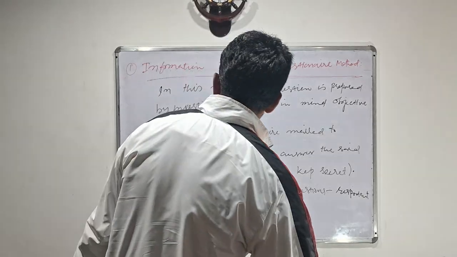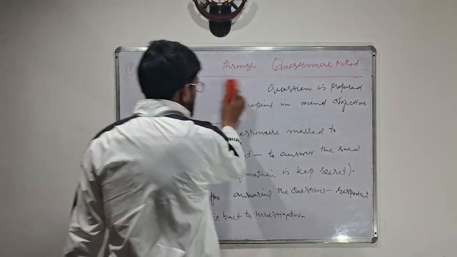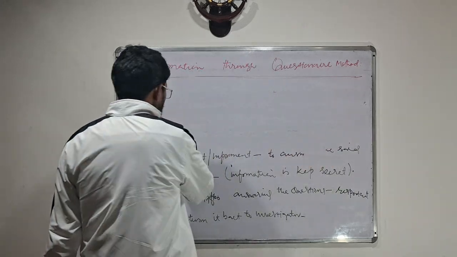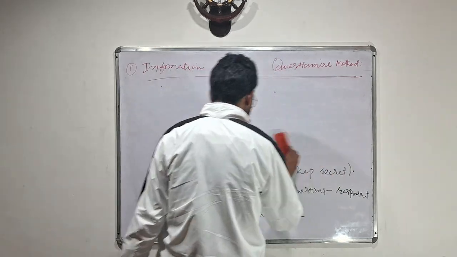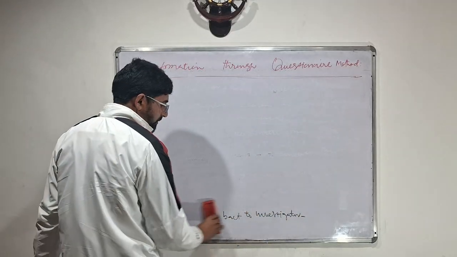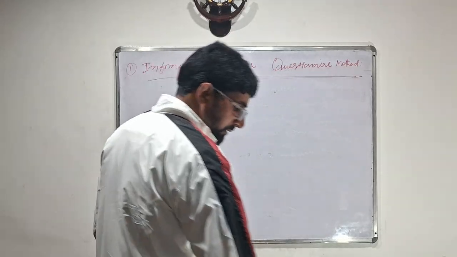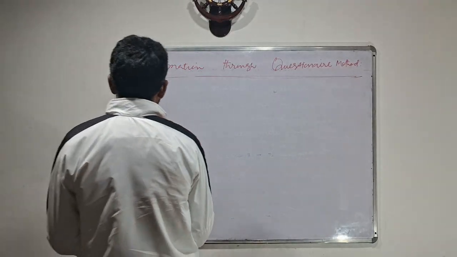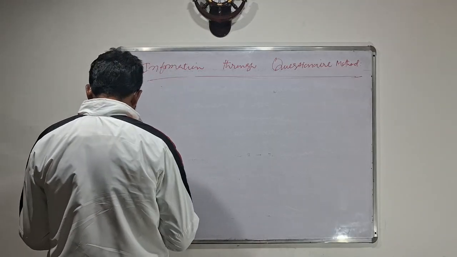Now, what are the circumstances in which this method is suitable? I will write down the suitability of the method. As I told you, this method is suitable for a large area network, as you can easily cover a large area.